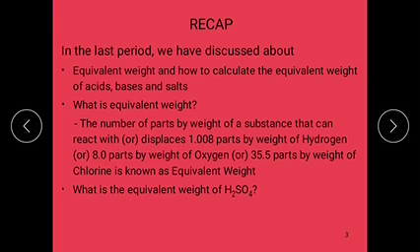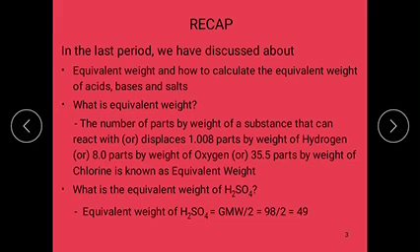Now the equivalent weight of H2SO4. What is the equivalent weight of H2SO4? First of all, it is an acid, so we have to know its gram molecular weight.